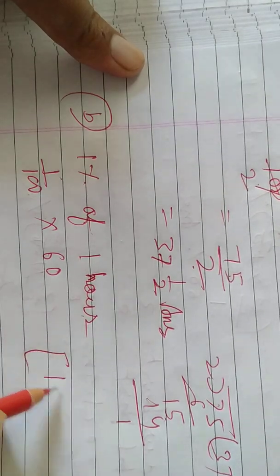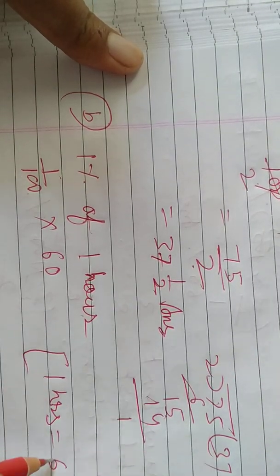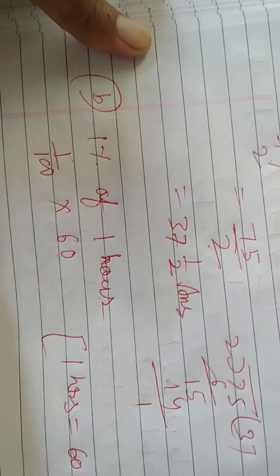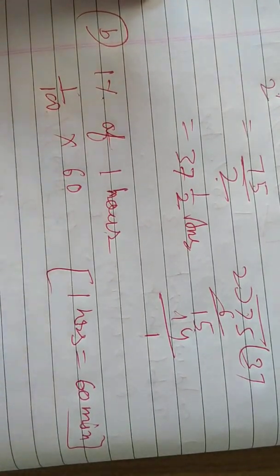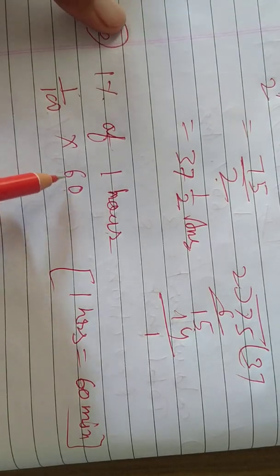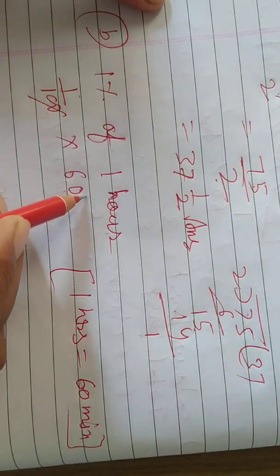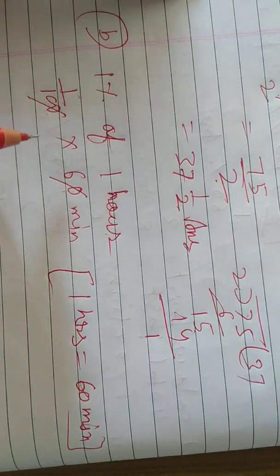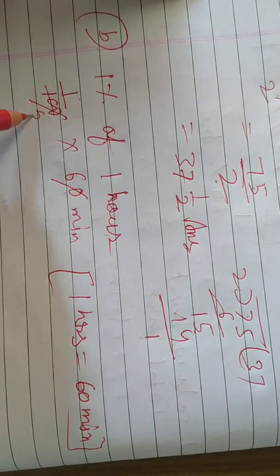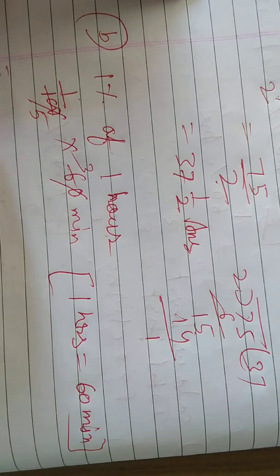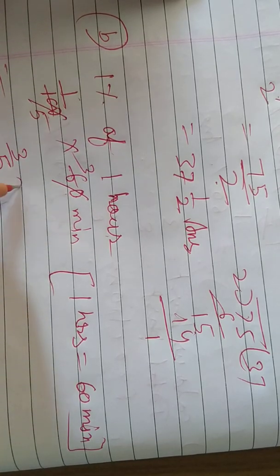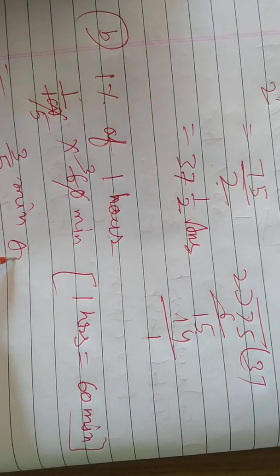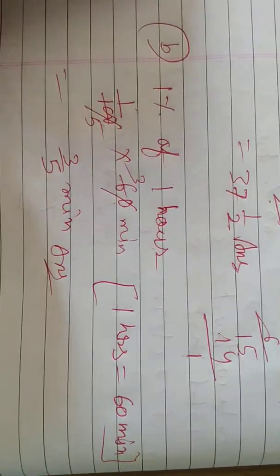I am writing here that 1 hour is equal to 60 minutes; that is why we convert it. Now you can cancel it. 0 0. 2 5s are 10, 2 3s are 6. So 3 by 5 minute. This is the answer.